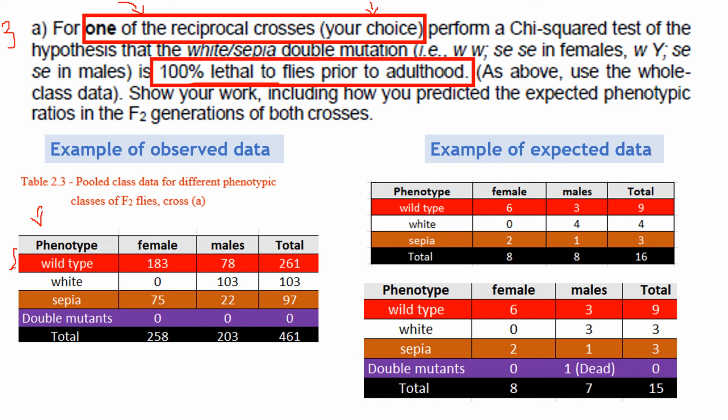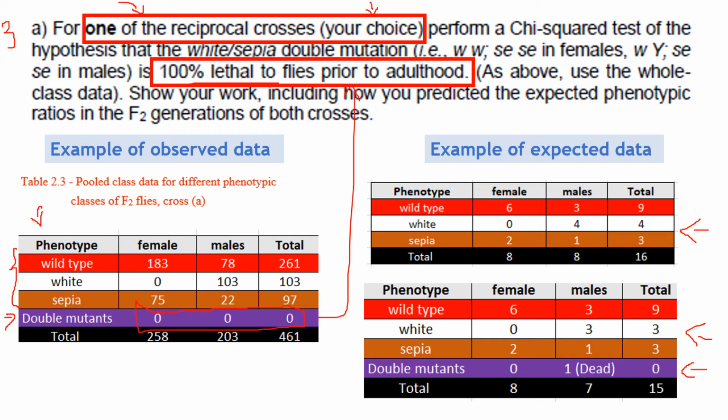It will be the same, but you will have an extra row for double mutants. The numbers will be exactly the same, just that here all of them will be 0, because your hypothesis is that all of them died. And your expected data that you had before is here.